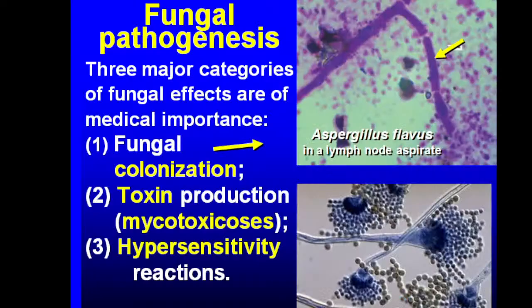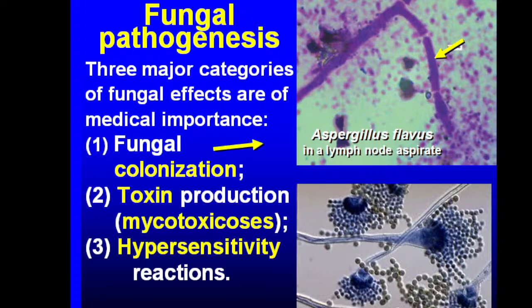Okay, now because we are studying not just the biology of fungi but medical microbiology, it is important to understand how they cause disease in human beings, and that is called pathogenesis. We won't discuss it in great detail.